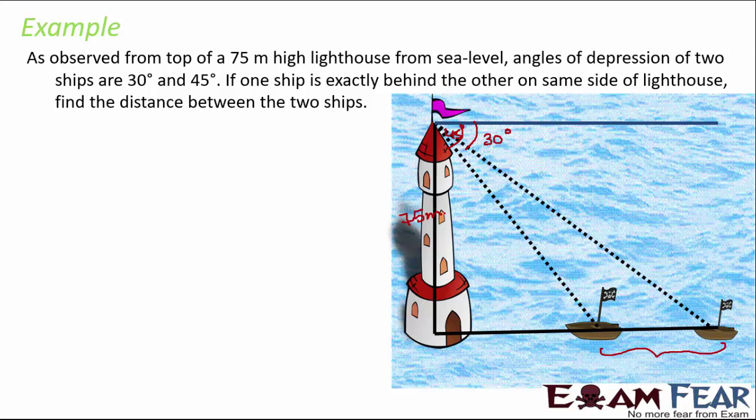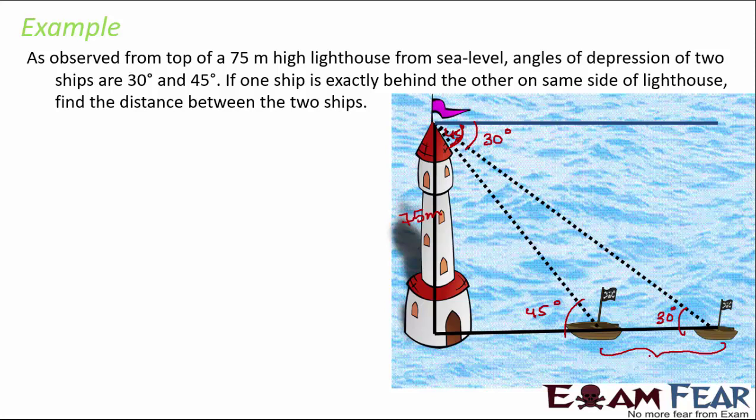And the angles are given. Now looking at this diagram, basically we can say that if this angle is 45 degrees, this angle and this angle are alternate angles, so this is going to be 45 degrees. Similarly, if this angle is 30 degrees, these being alternate angles, this is also going to be 30 degrees.